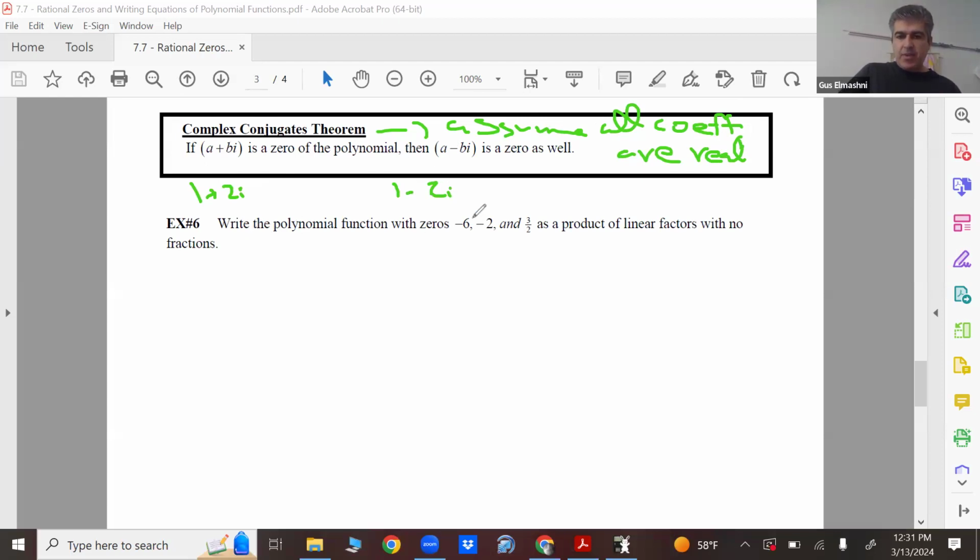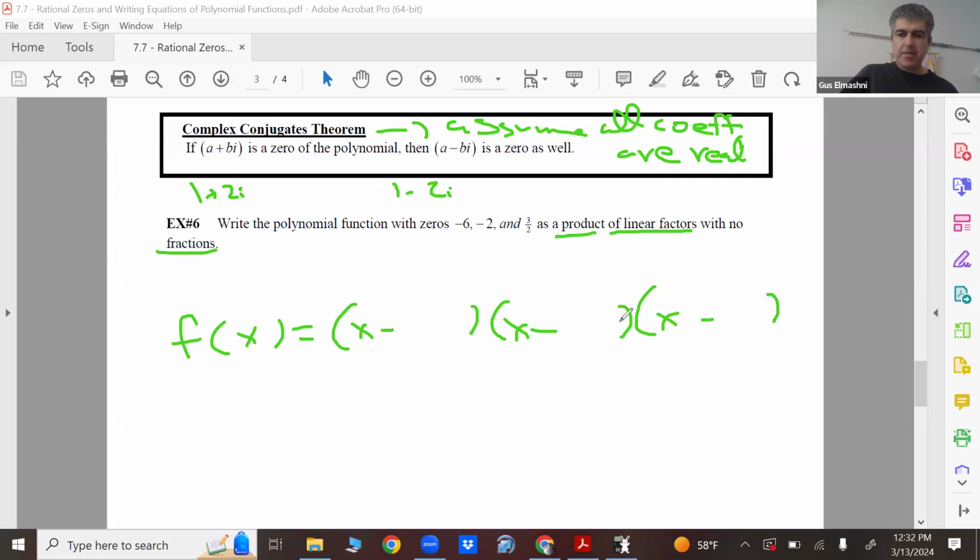So here what you're asked to do is write as a product of linear factors with no fractions. Okay, it's a product of linear factors. So f of x equals x minus something, x minus something, and x minus something. What are my x-intercepts here?